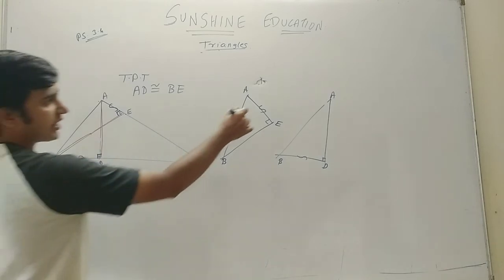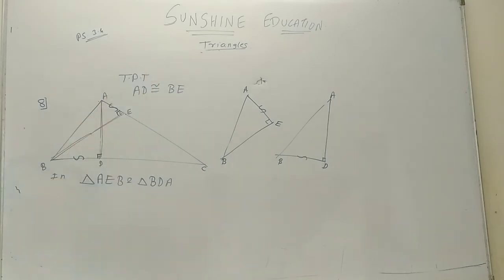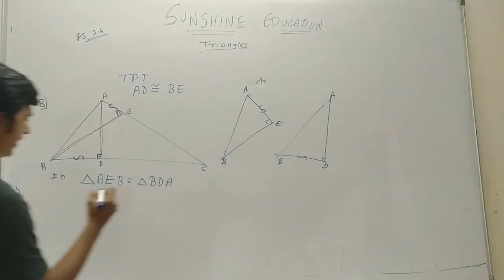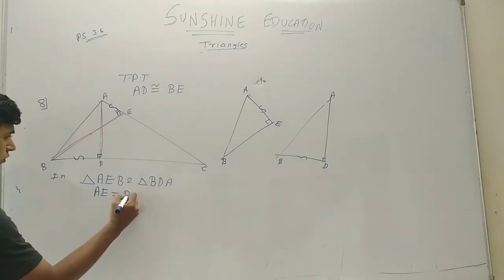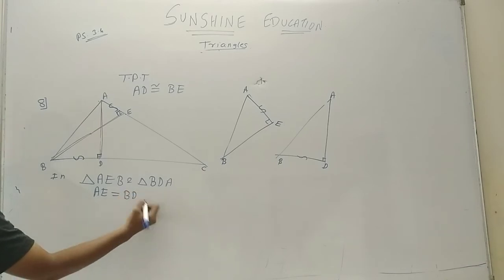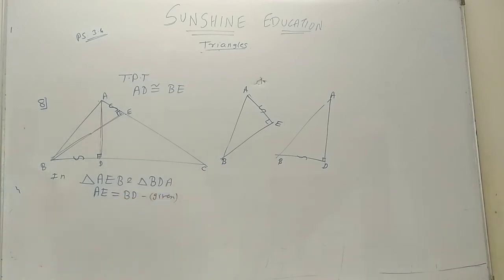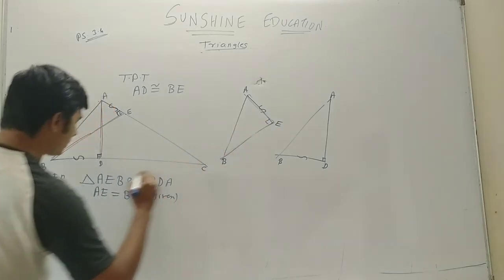I am starting with the congruent side, and again I am starting with the congruent side. In these two triangles we know that AE is equal to BD, which is given.